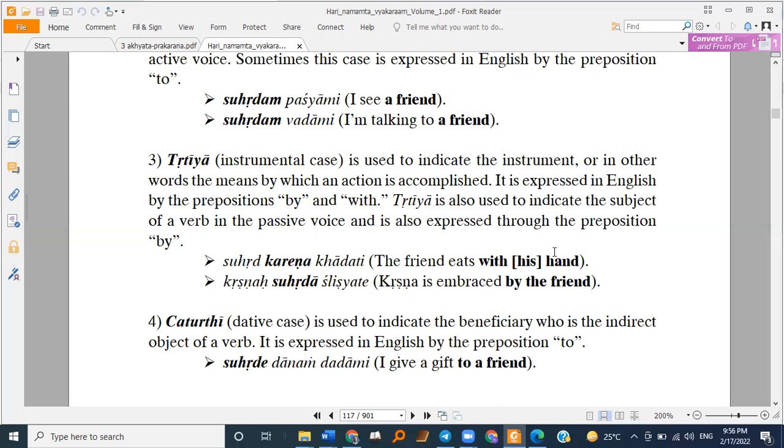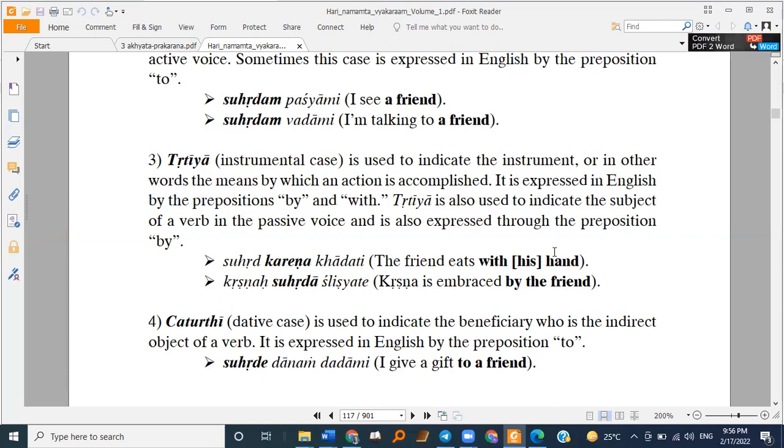Aham mukhena vadami. In the spoken Sanskrit courses, they teach it like that. Aham mukhena vadami, I'm speaking with my mouth. So how am I speaking? When how comes, that means a karana, an instrument, is there. I'm speaking through my mouth.